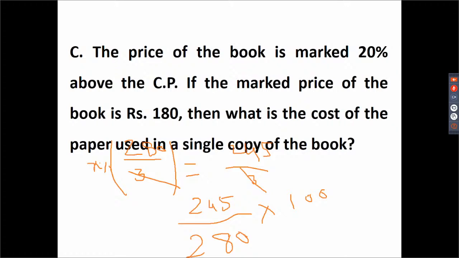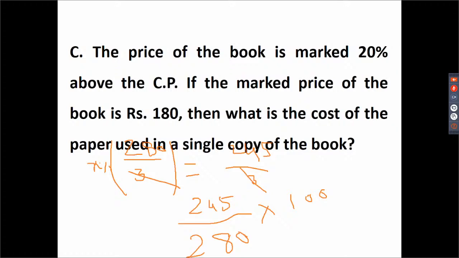If the market price of the book is 180, then what is the cost of the paper used in a single copy of a book?